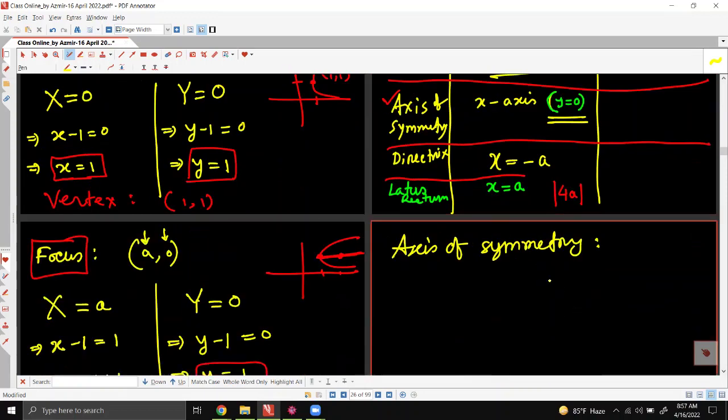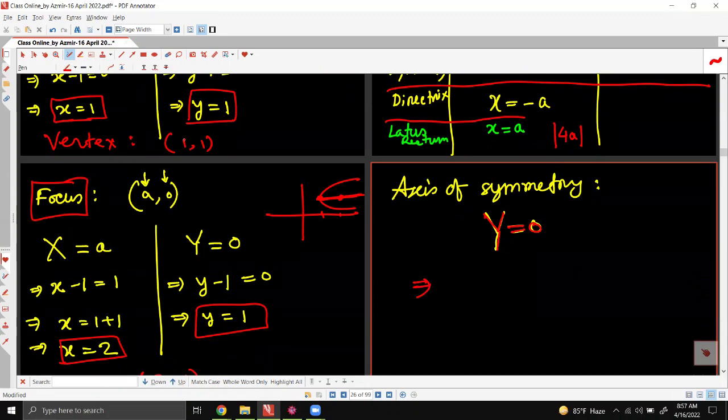That means here capital Y equals 0. Okay. So capital Y means small y minus 1 equals 0. So y equals 1 is the axis of symmetry.